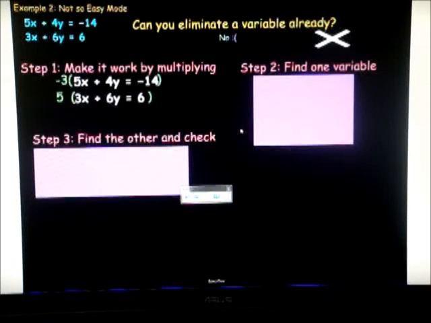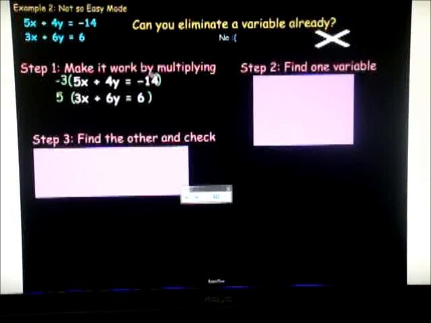For this problem, I could set it up like this. I could also find something else to multiply the 2 values by as well. Why I picked negative 3 is that negative 3 times 5 was negative 15, and positive 5 times positive 3 is positive 15. A negative 15 and a positive 15 eliminate.